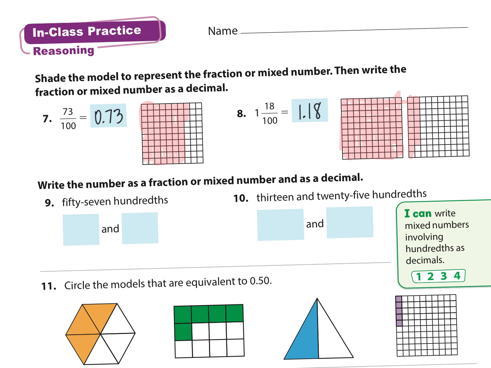Okay. The next section says write the number as a fraction or a mixed number and as a decimal. So you're going to do it both ways. The first one is 57 hundredths, which would be 57 over 100. The decimal is 0.57. You try the next one. This one will be a mixed number and then a decimal.